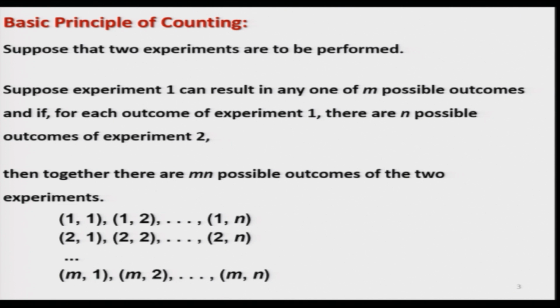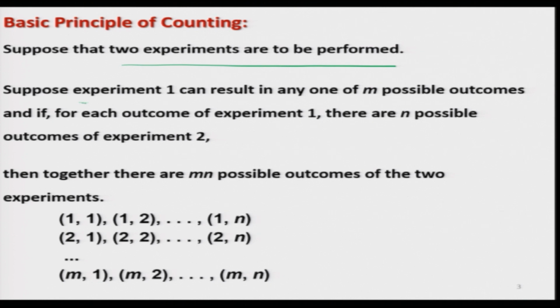One simple methodology is to just count the total number of ways in which the experiment can occur. Suppose there are two experiments which are to be performed, and these experiments may have different numbers of possible outcomes.